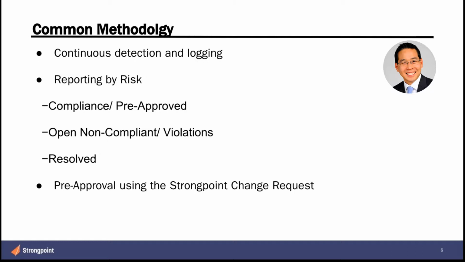Just like, as you guys know, we segment out changes to scripts versus a change to a report or a search. And so they're all pretty much broken out into compliant, pre-approved issues, open non-compliant ones, and resolved. So from an audit and reporting perspective, very straightforward.